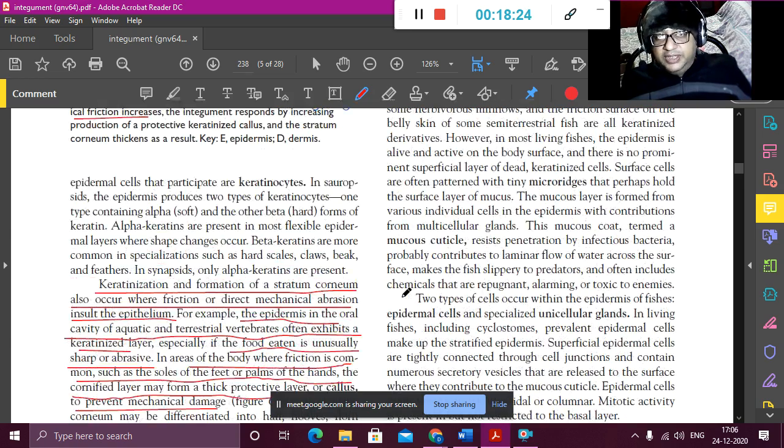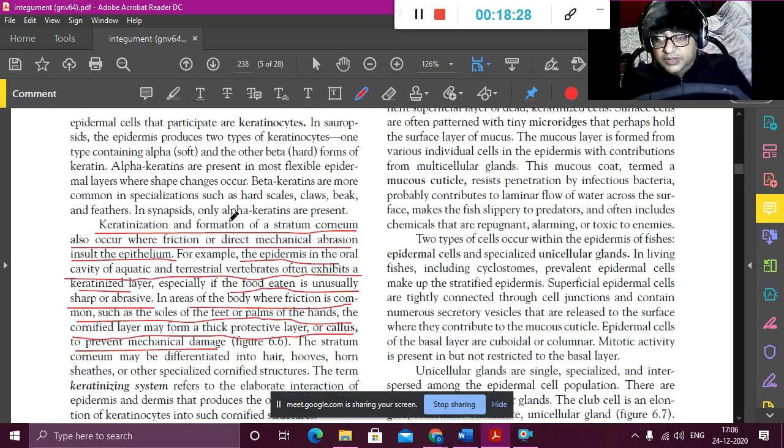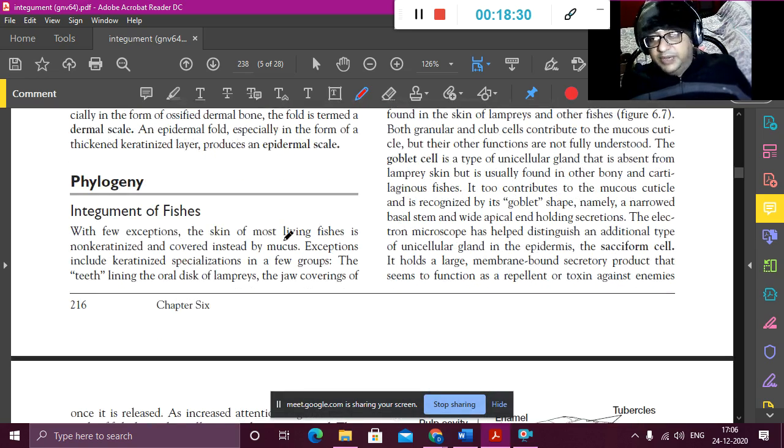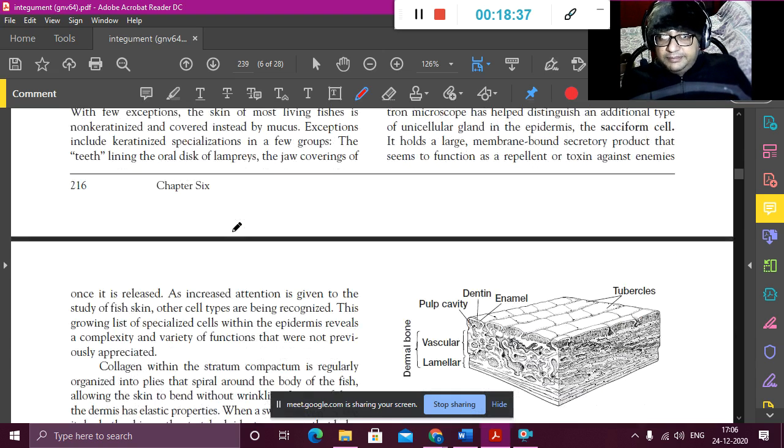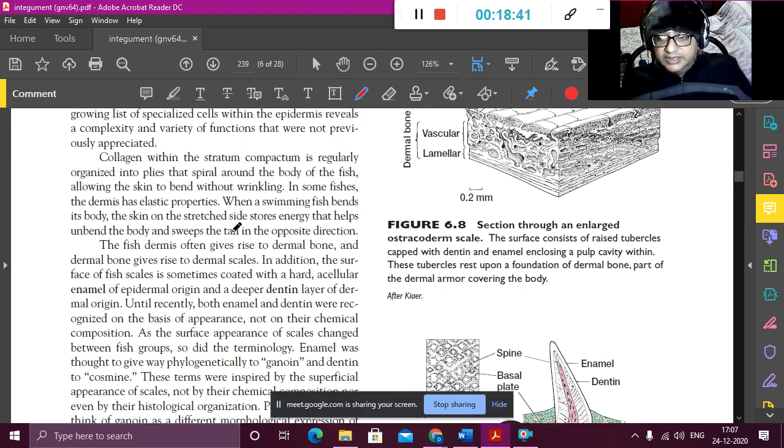So, figure 6.6, this is the figure which we were talking about. So let us go to the next part. You don't need to study scales and all these things at the moment, because it's in mammalian, more or less, that is in your syllabus.